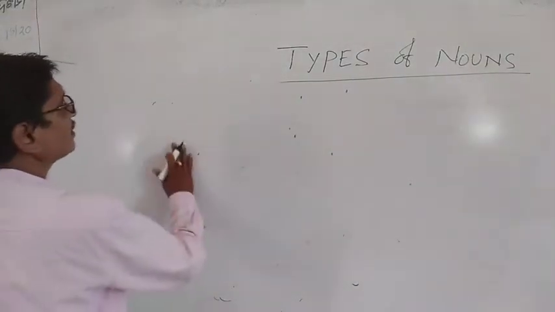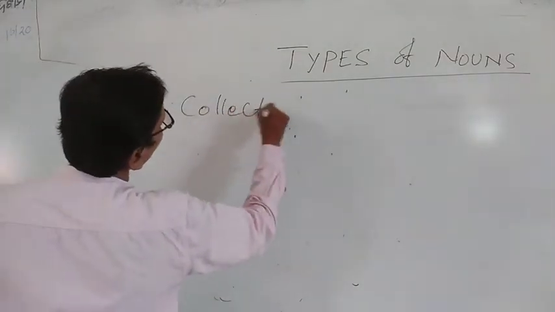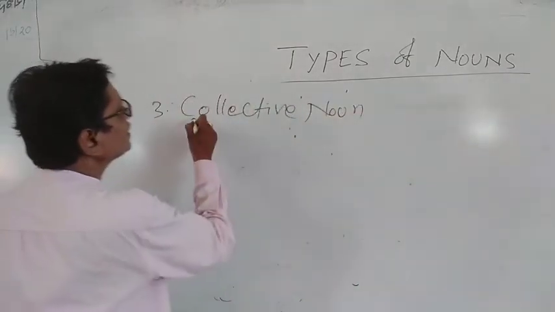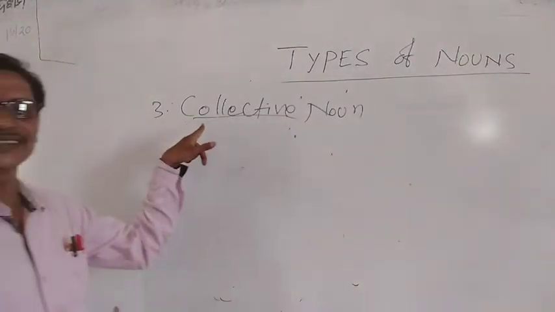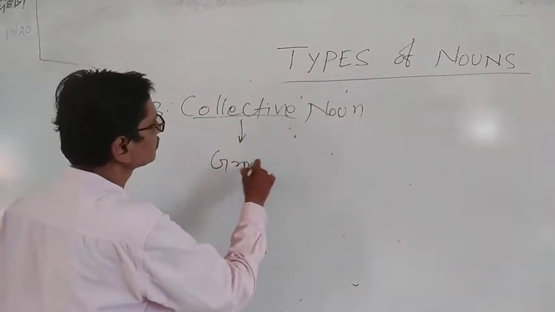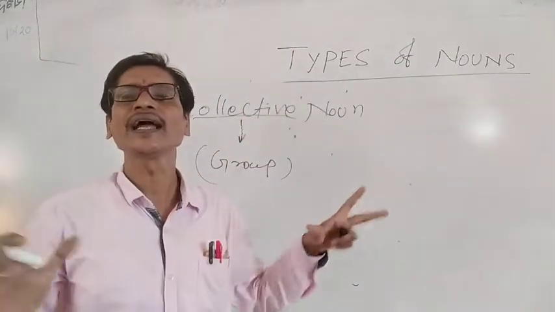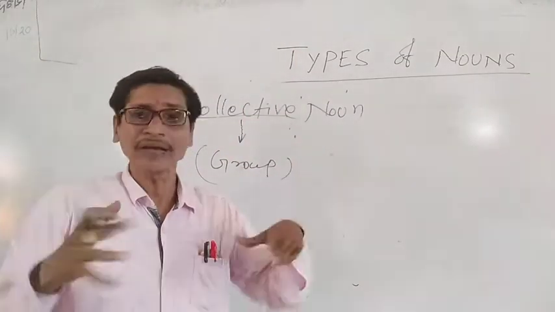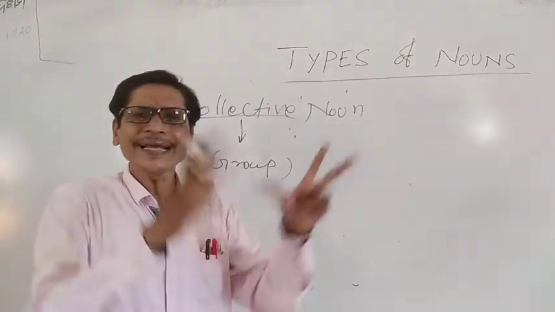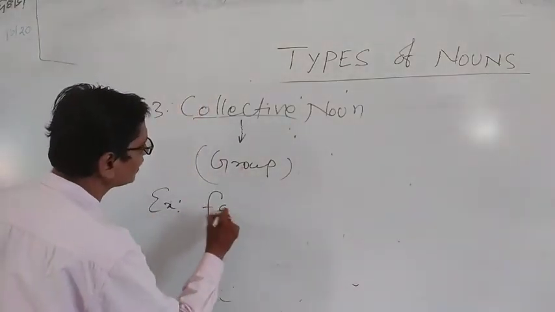Another type of noun is the collective noun. As the word says, collective means a group: several personalities, several entities making one group. For example, let's say family.